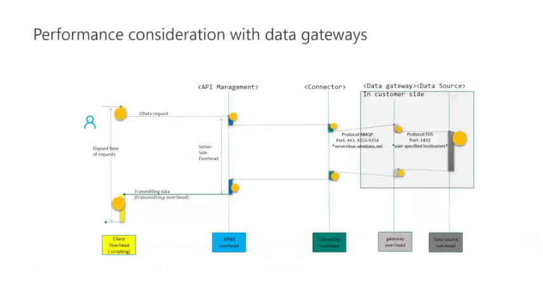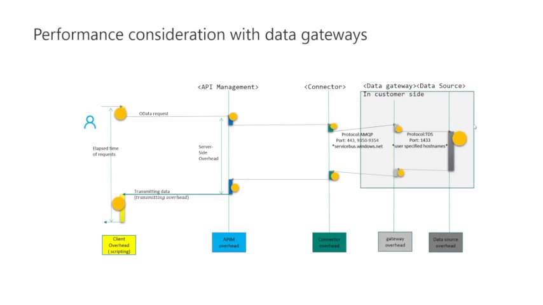So one thing with SQL gateways, and there is a bunch of documentation and white papers on gateways, and I'll put some links later on. Because we're using SQL, it's a default connector, so we have that API management connector overhead.